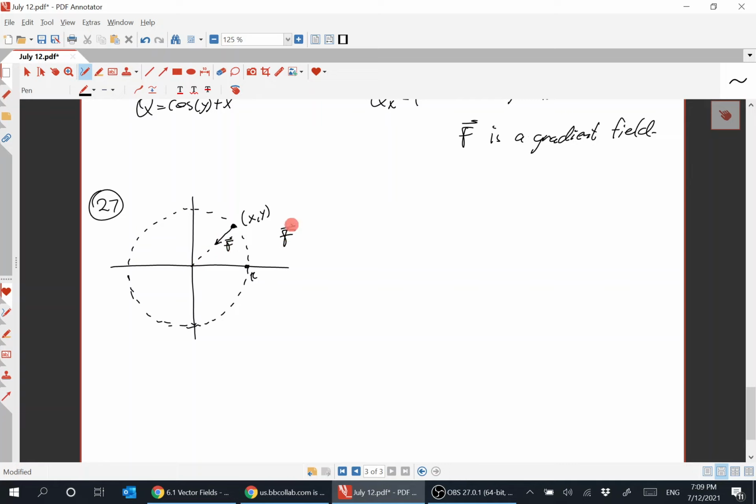And the length of F should be equal to 10 over x squared plus y squared, which is equal to 10 over the length of the vector x, y squared. So what's the vector that points in this direction, back towards the origin?